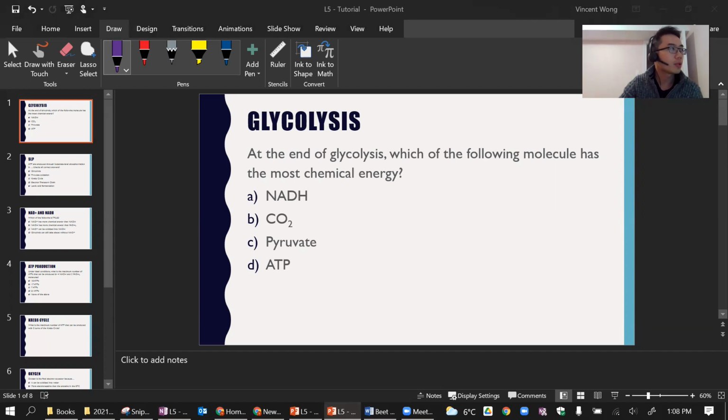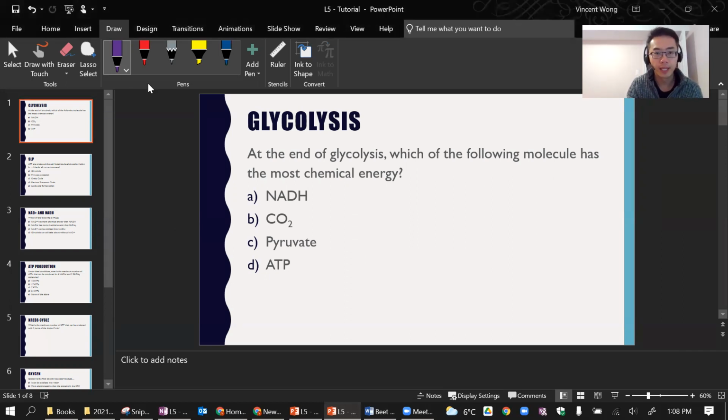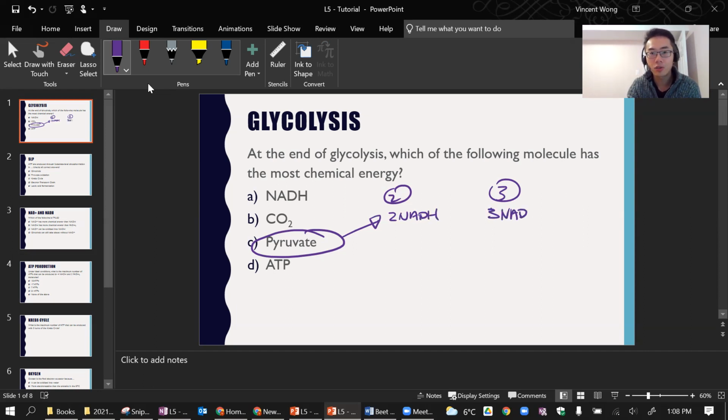Let's share the results. The correct answer is pyruvate. Now, why is that? Remember, pyruvate is going to go on to pyruvate oxidation, step 2 and step 3. And in step 2, you will make 2 more NADH. In step 3, you will make another 3 NADH.